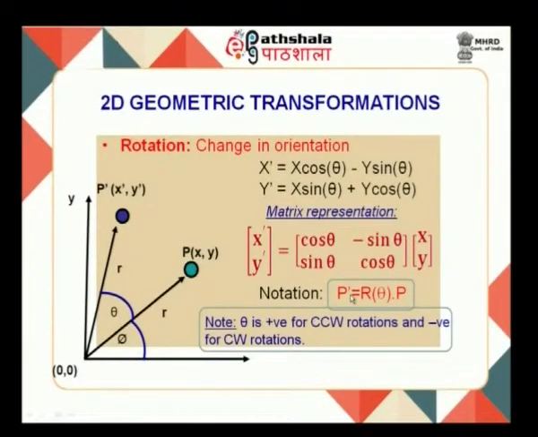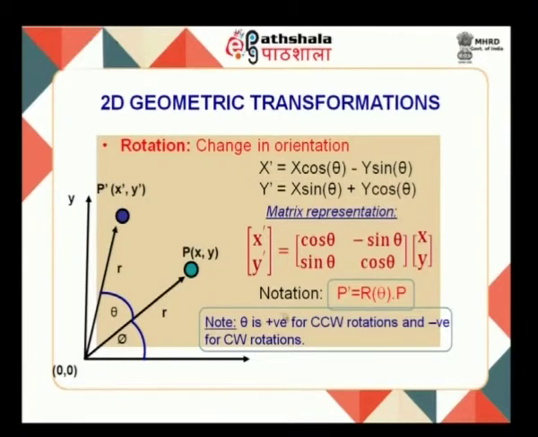In notation, this gives us P dashed is equal to R of theta into P. There is a multiplication, that is what you should notice. In the case of the previous transformation, that is translation, there was addition.